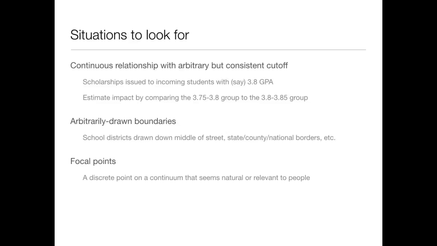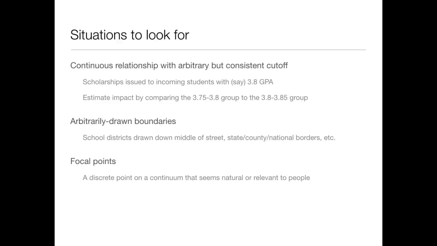So sometimes school districts will draw boundaries down the middle of a street. Sometimes there are arbitrary borders between states or counties, between different countries, that sort of thing. Another possibility, we'll give examples of all of these down the line, are focal points, that is, discrete points on a continuum that strike people as being natural focal points, or naturally salient or relevant.